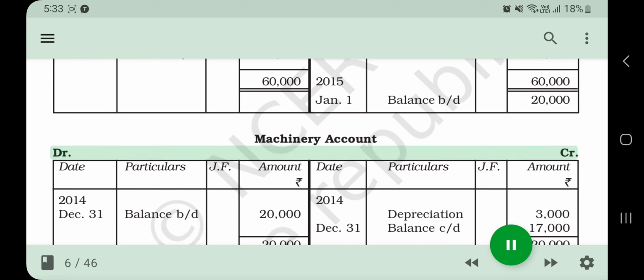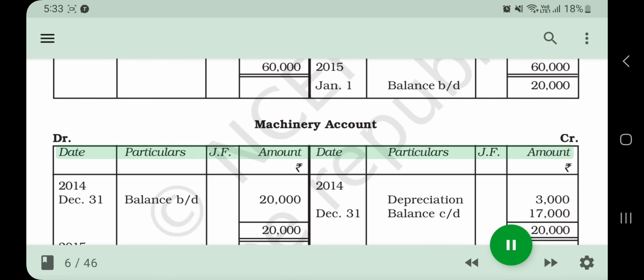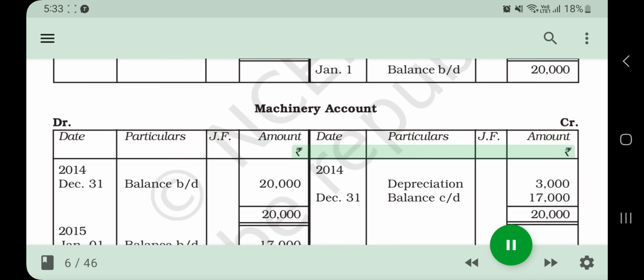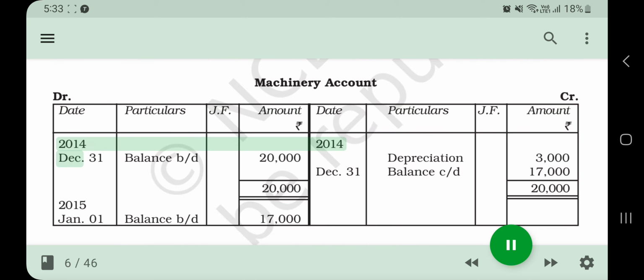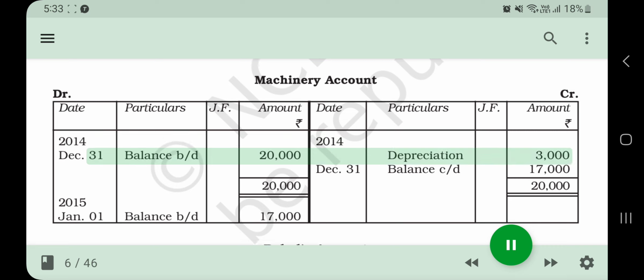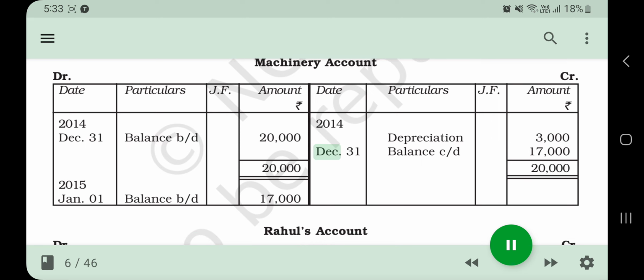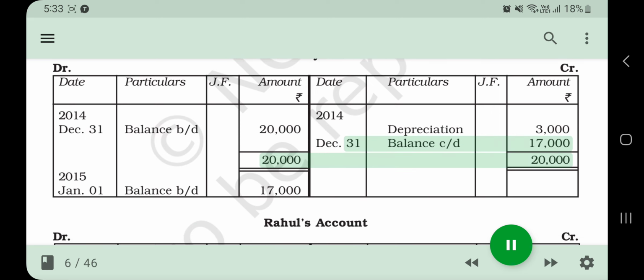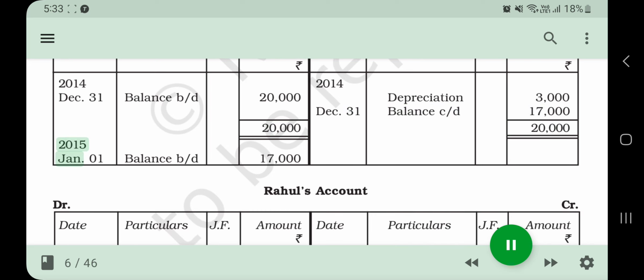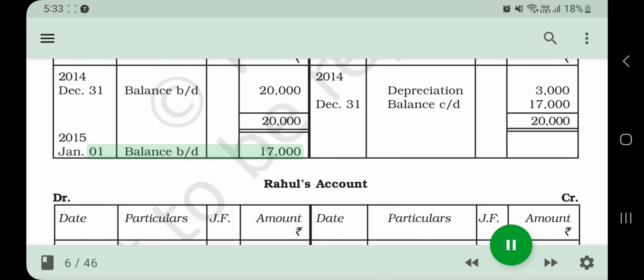Machinery account. 2014 Dec. 31 balance b/d 20,000; Depreciation 3,000; Dec. 31 balance c/d 17,000; total 20,000. 2015 Jan. 01 balance b/d 17,000.